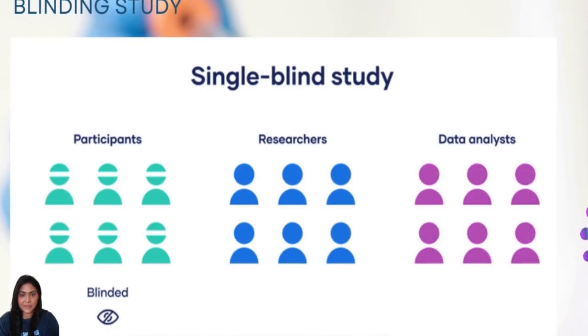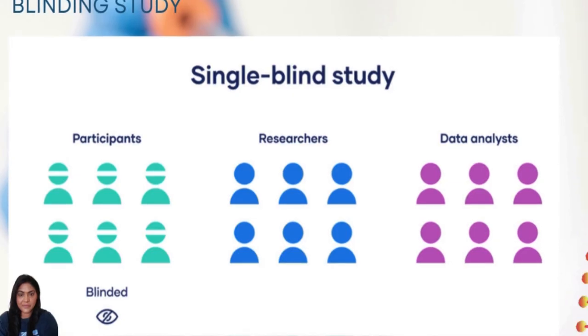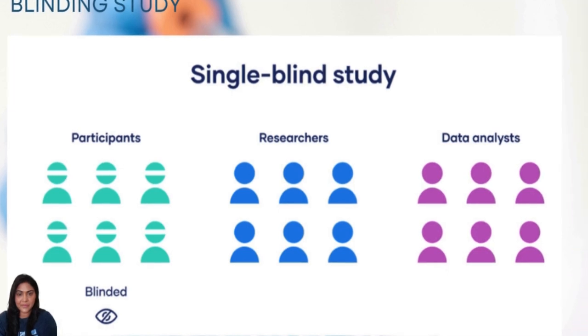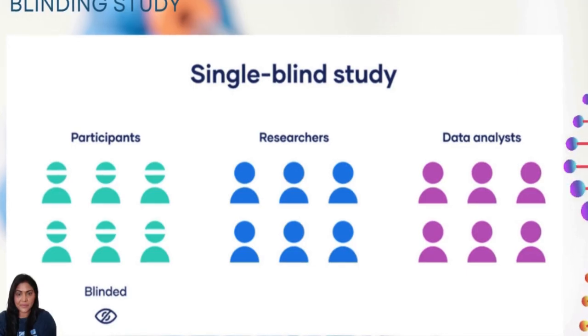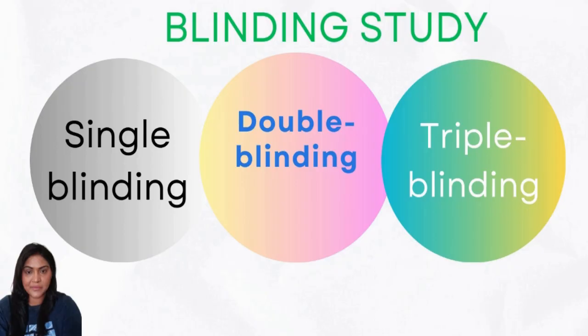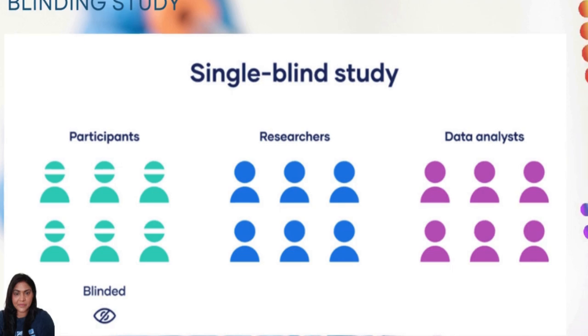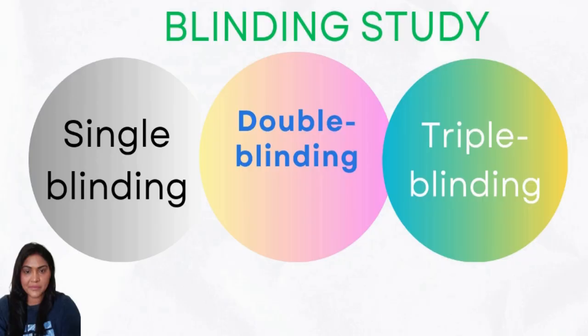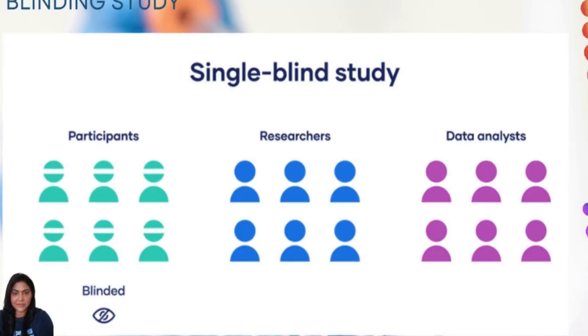So, in a single blind study, you hide from participants which vaccine is real and which is the inactive drug they received. As I told you, single blinding always helps to reduce the treatment biases.